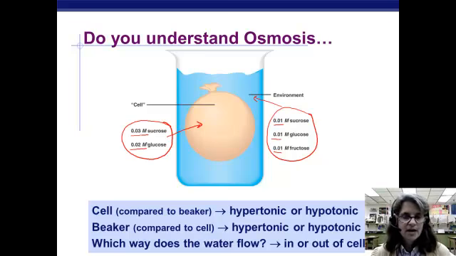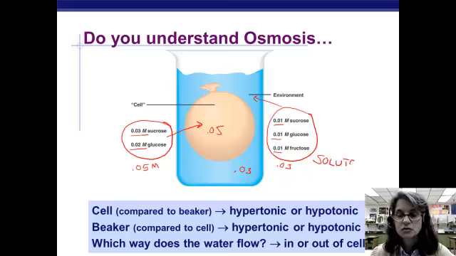Now, let's just add them up. So sucrose plus glucose, 0.03 plus 0.02 is 0.05 molar solution in here, so 0.05. And then over here we've got 0.03, if we add all those together, molar solution out in the environment. Okay, so that is the concentration of solute.